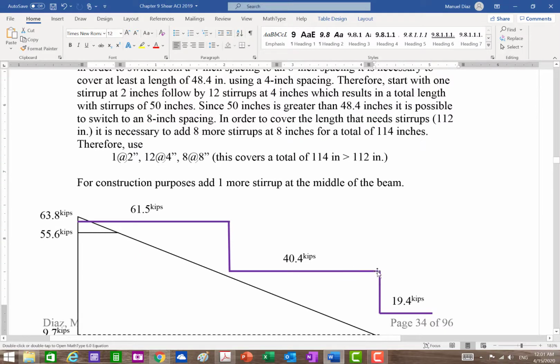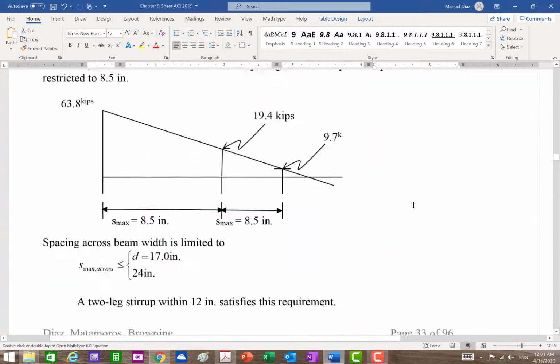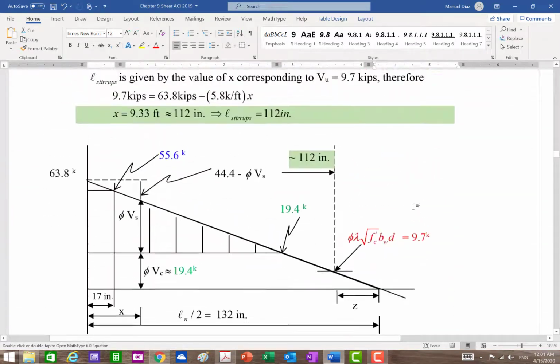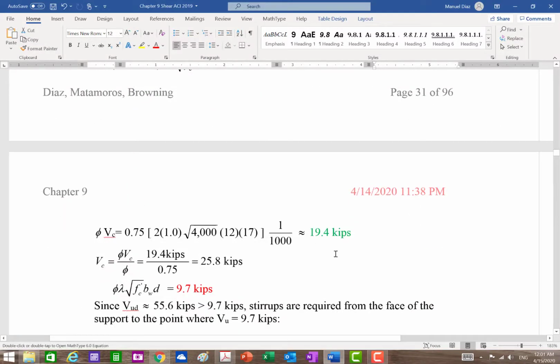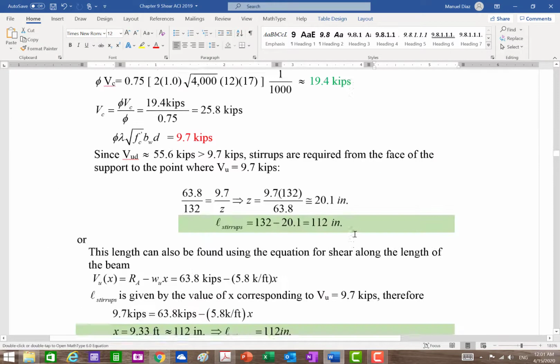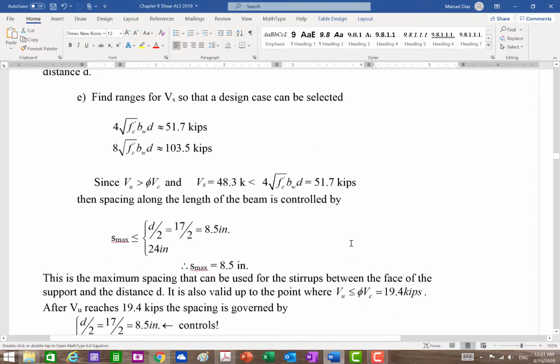To what point? Until you get to the length of stirrups. And at that moment you don't need stirrups, so you're providing only the concrete. 19.4. Okay? Remember, 19.4 is your concrete. Okay? So right there, right? So that's what you're providing. Okay? All right.